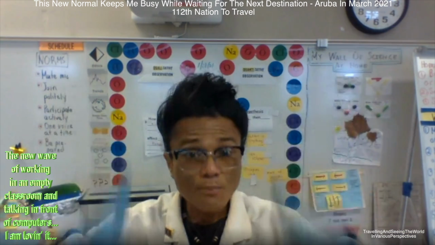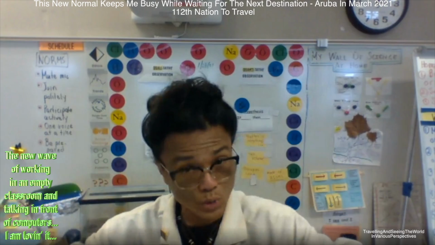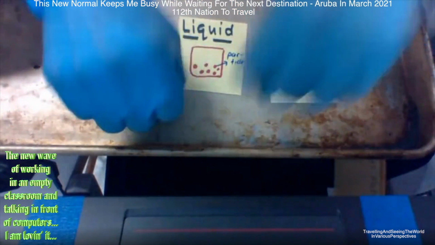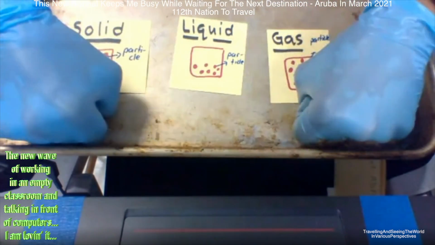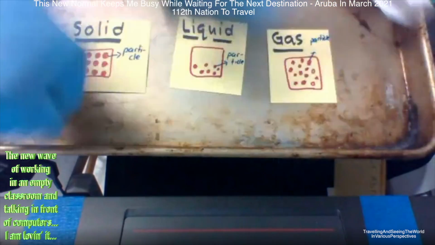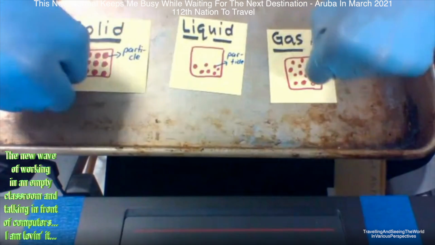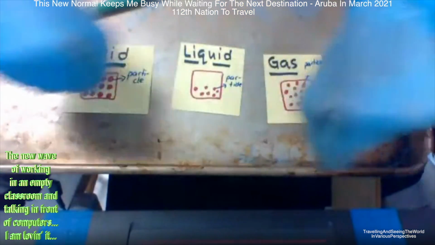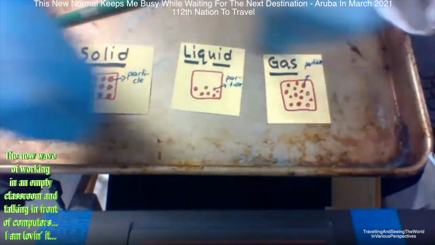Now, if we compare this with the other two, the gas particles are even farther apart and they move excessively. They are very active, and they even collide, or bump against each other.